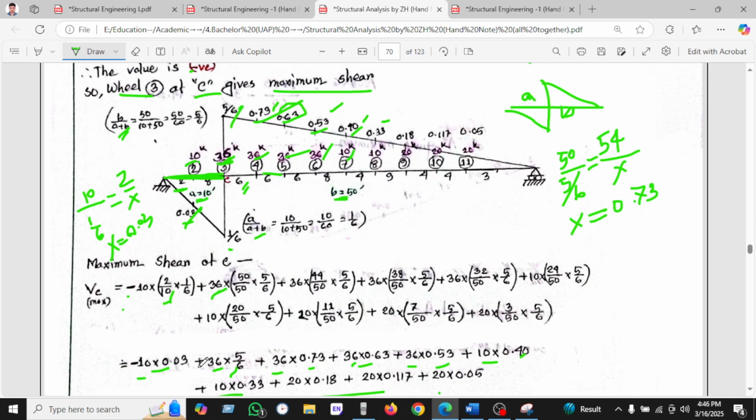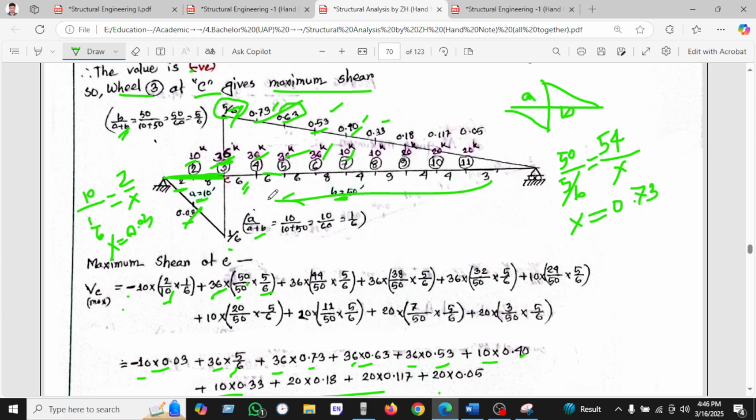If you calculate in this way, it will be complex, so we can take 36, 50. This is the distance of the coordinate, 50 divided by 15. It will be 5 by 6, it will be the coordinate. We've seen 5 by 6.